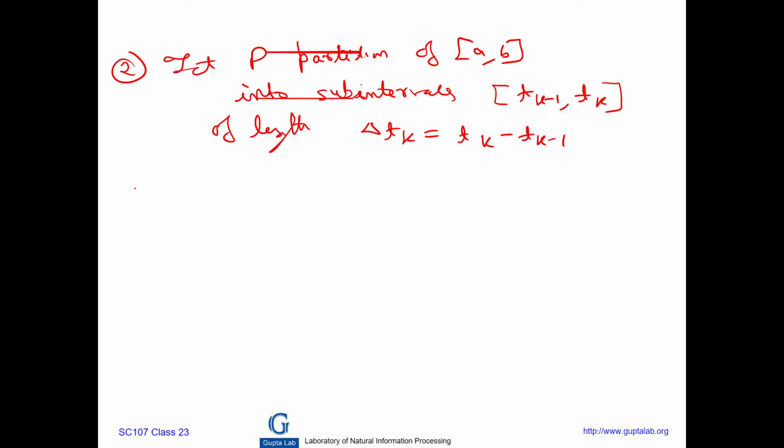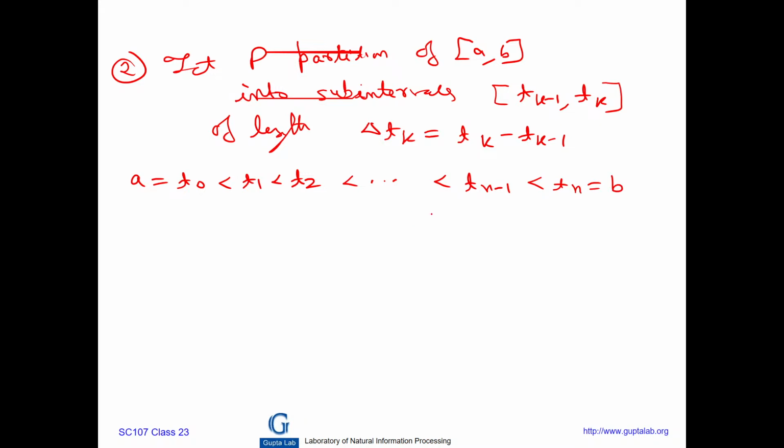So we are doing something like this: a is equal to t0 less than t1 less than t2 less than t_{n-1} less than t_n is equal to b.